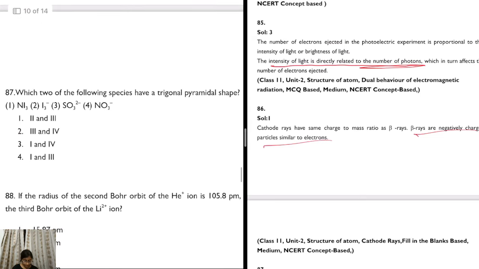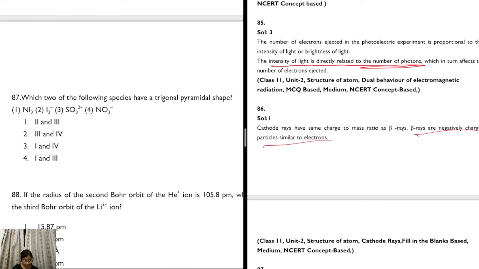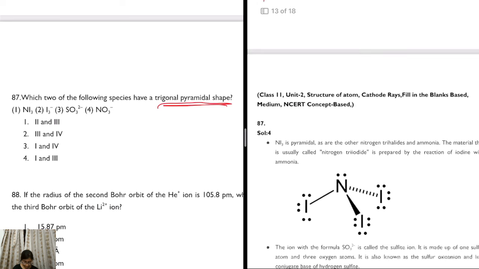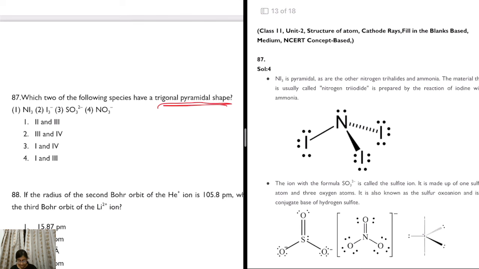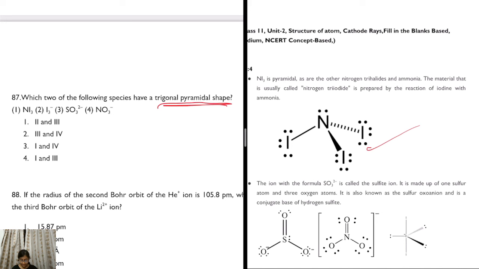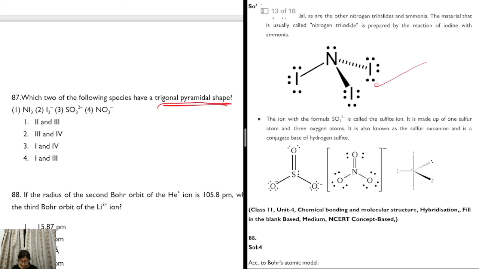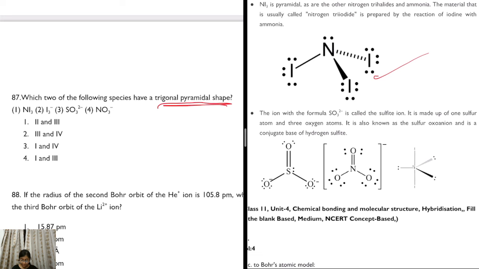Now, in the next question, which of the following two species have trigonal pyramidal shape? Okay. Let's see. In NI3, this has a trigonal pyramidal shape, and the ion with formula SO3 2 negative.